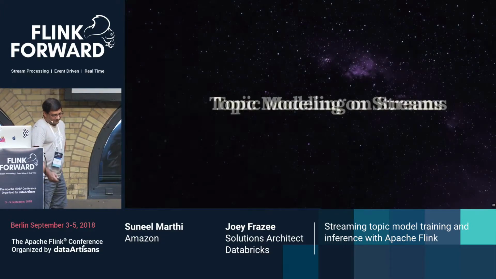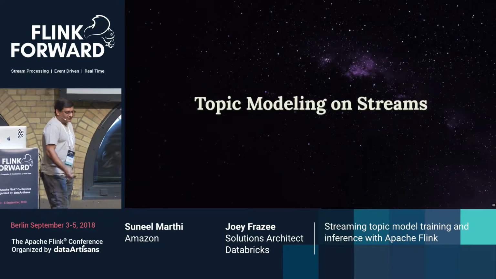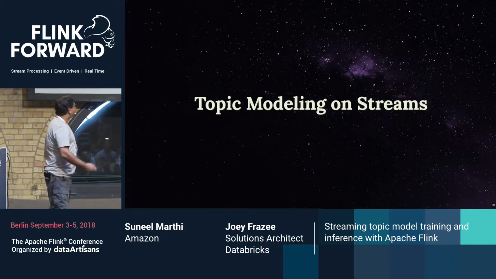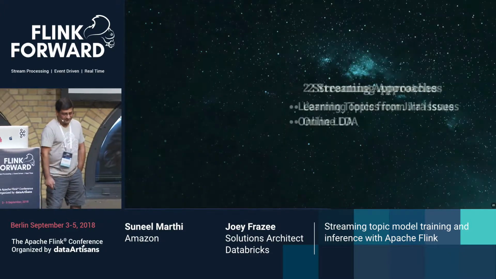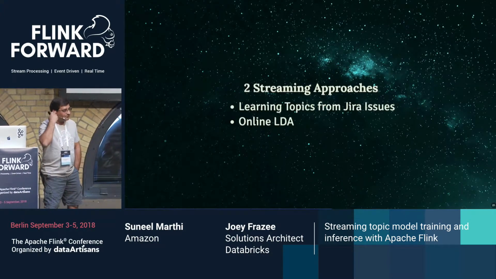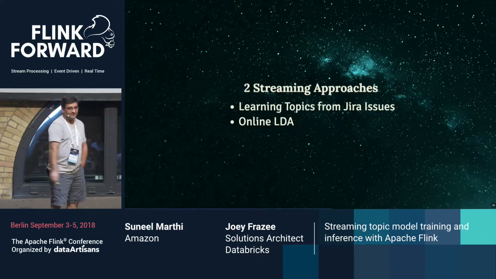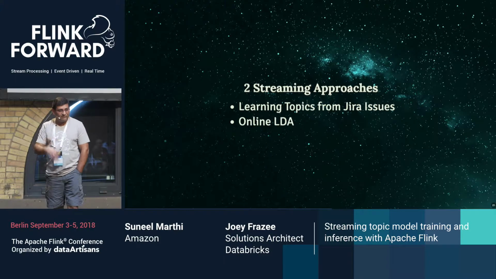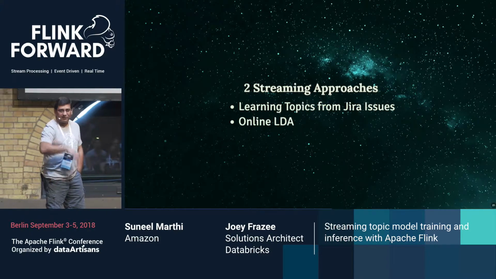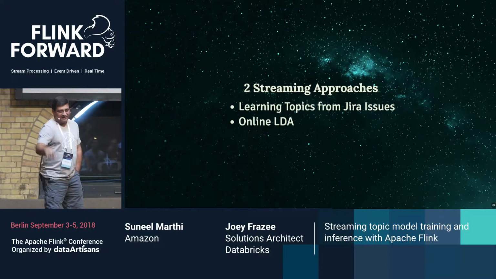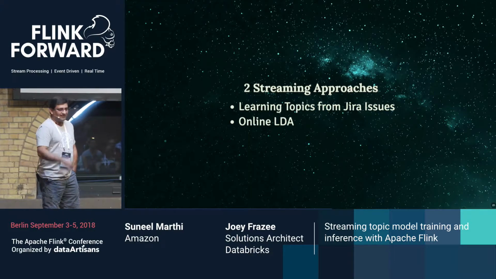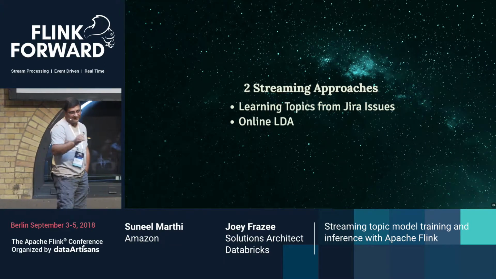So on that note, we are going to talk about topic modeling on streams. How do you do topic modeling on streams? Today, me and Joey are going to talk about 2 approaches. As a use case, we took the entire JIRA for Apache Flink, all the issues. We ran that through a Flink pipeline, extracting the paragraphs for each JIRA, calculating the embeddings, and then trying to calculate the topics for each JIRA item.